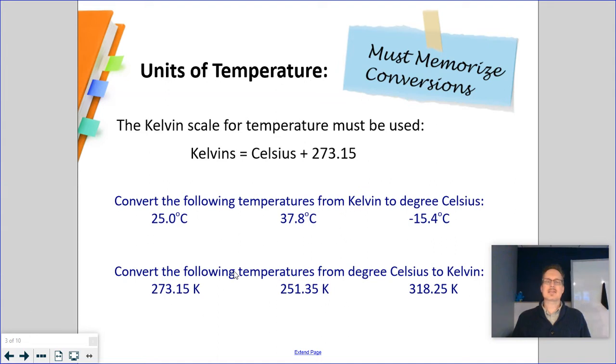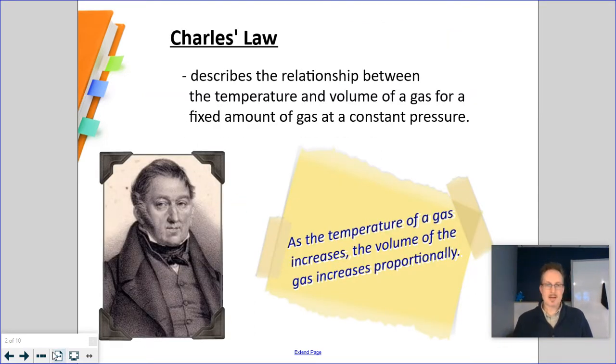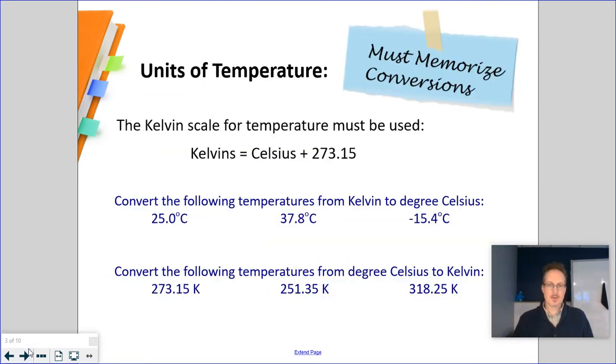So what I would like us to do is I'm going to do the first one with you. 25 degrees Celsius, we are going to add 273.15, and we're going to get the value in kelvins of 298.15 kelvins, and it's a capital K. 37.8 degrees Celsius, we're going to add 273.15.